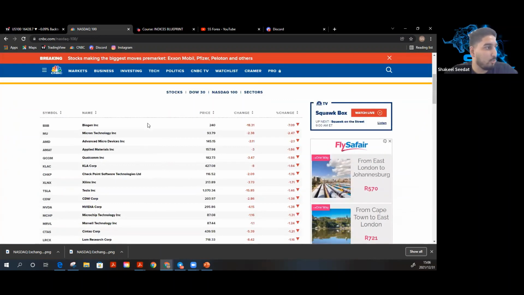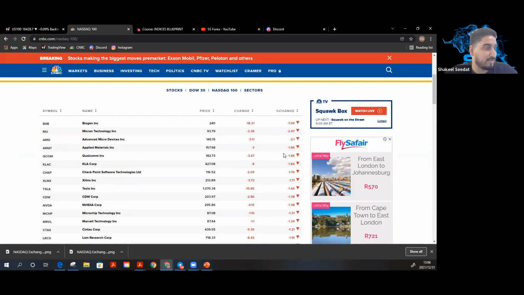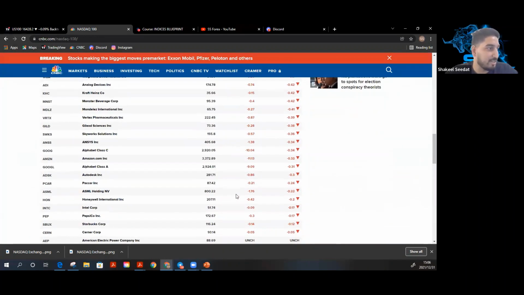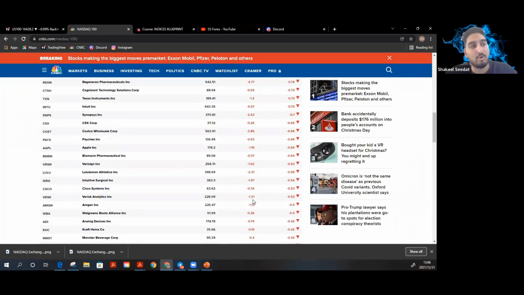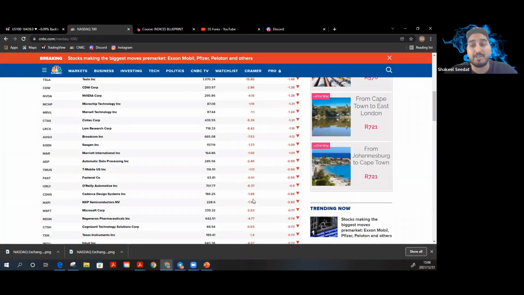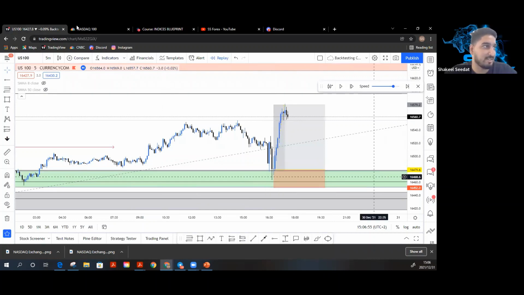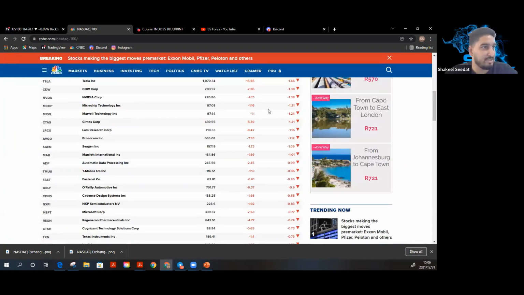So if all of these or the majority of these are green, you're going to be looking for buys during the New York session. If most of them are red, you're going to obviously be looking at sells. Obviously, this has to coexist with your technicals as well. So you cannot be seeing a buy here technically, but then everything here is red.